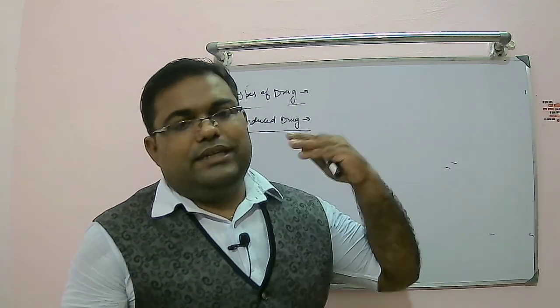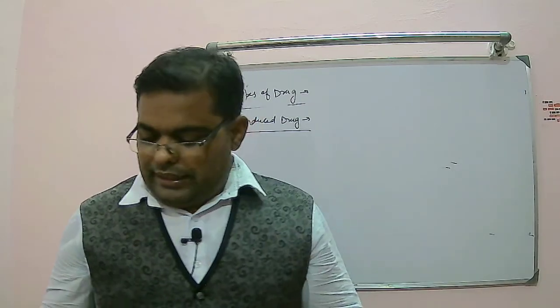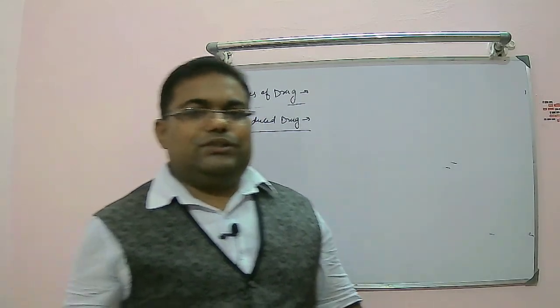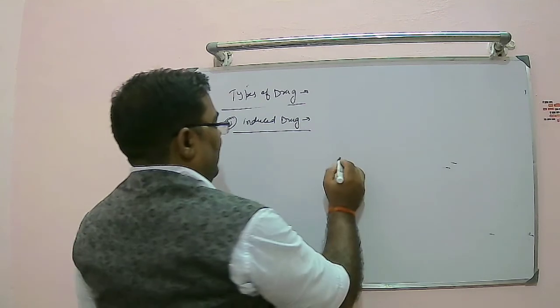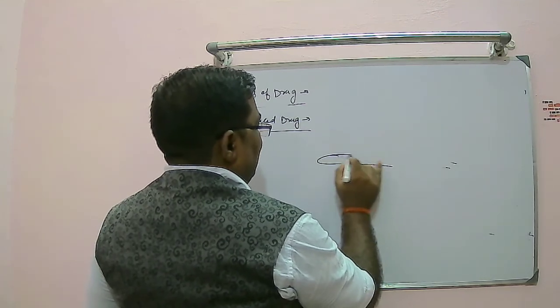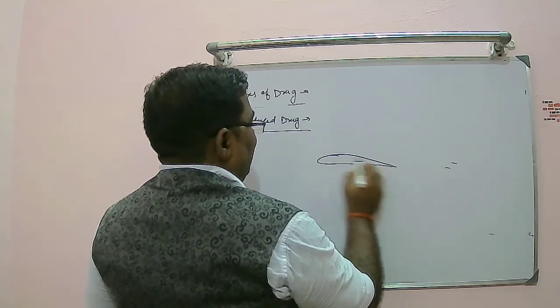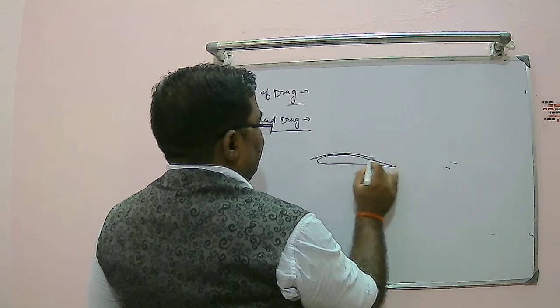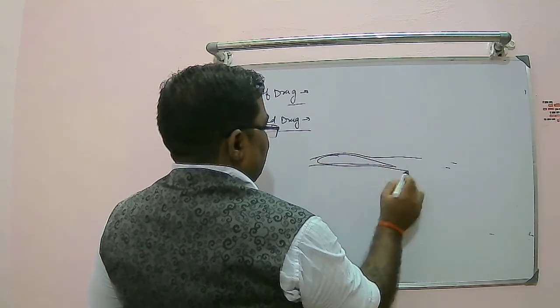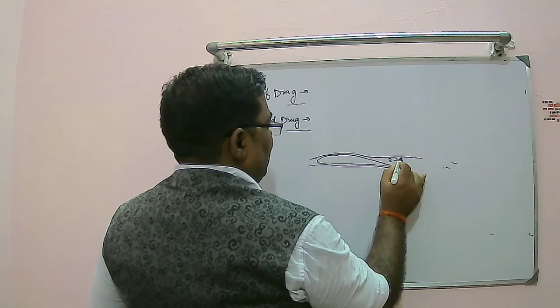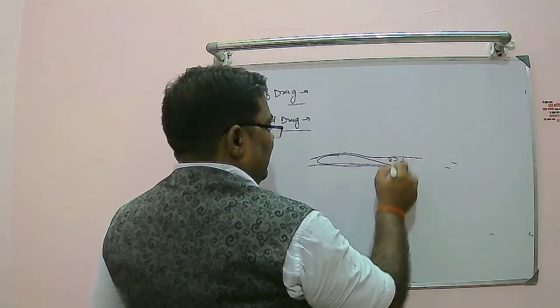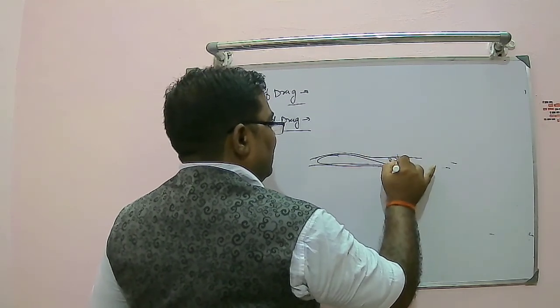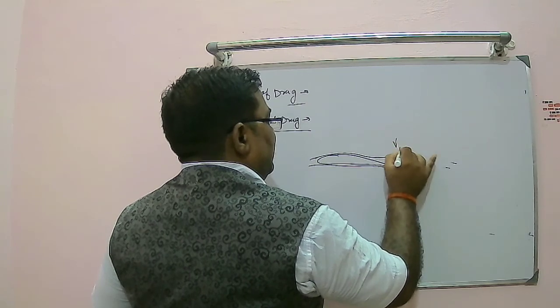Because it will induce a downward component of velocity at the back side of the object. So if I say this is an airfoil which is traveling like this at a certain angle, so flow comes like that and separates from here. This is the case. So here you will get this kind of vortices which are forming. So vortices, they will induce a downward component of velocity, that is called VI, induced velocity.